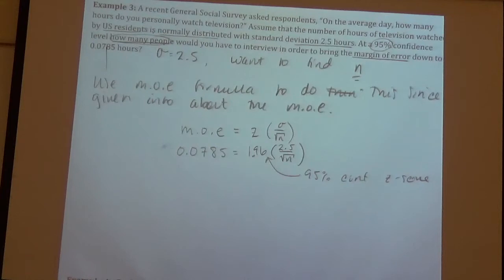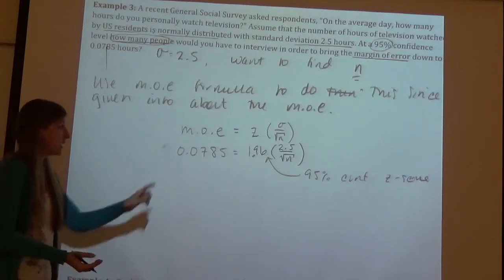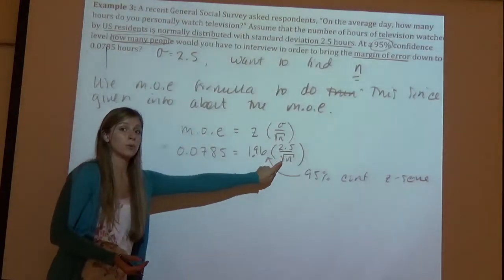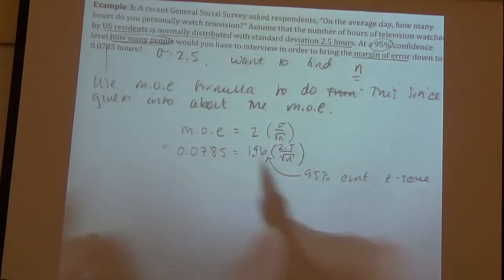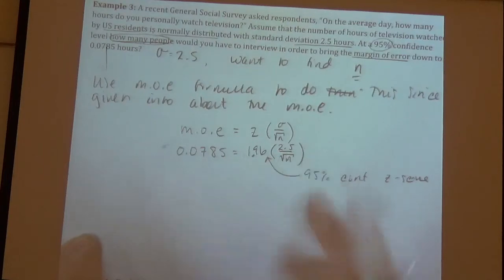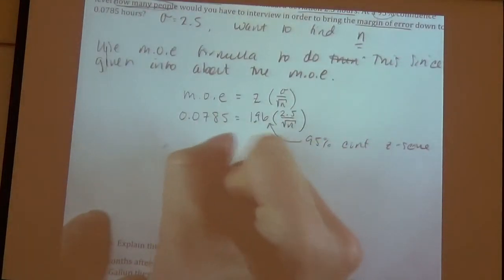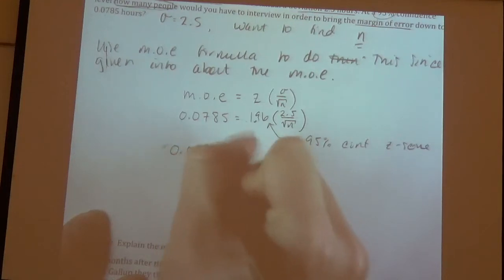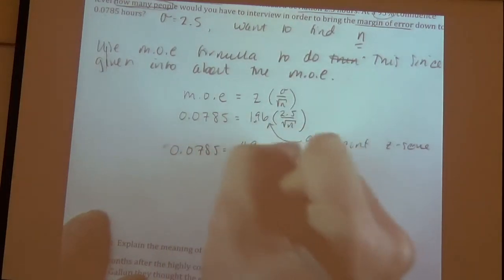Right, so at this point, basically what we're going to do is something similar to what we've done before, except our formula is a little bit more complex, and that's just solve for root n using some algebra. So first, I'm just going to multiply my 1.96 and 2.5 together, so I only have to work with one term there. So this is the same as 0.0785 equals 4.9 over root n.